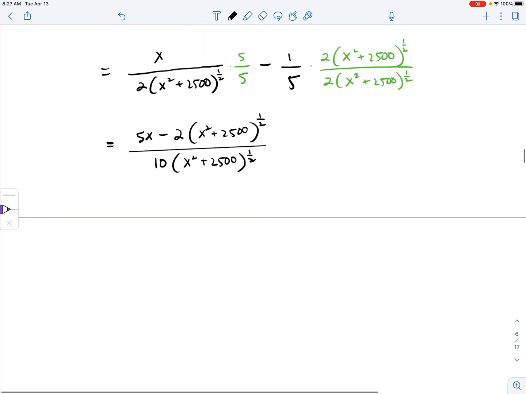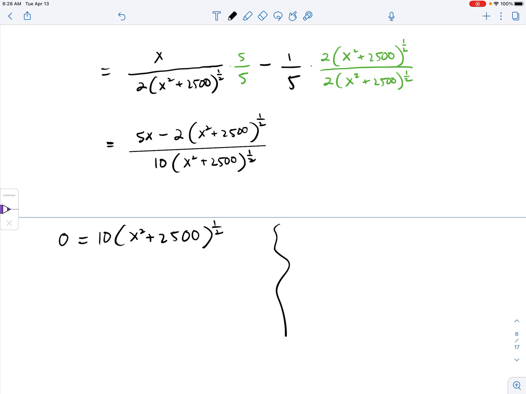And to find our possible critical values, we're going to figure out where t prime is undefined by setting our denominator equal to 0. So that would be 0 equals the denominator.